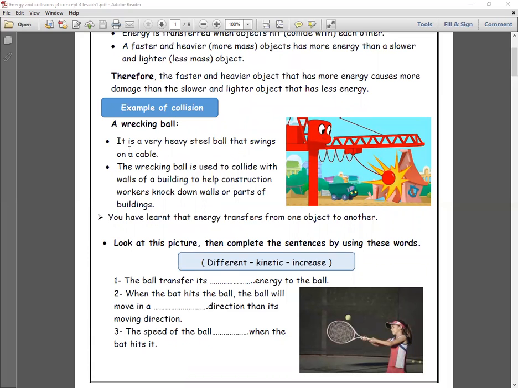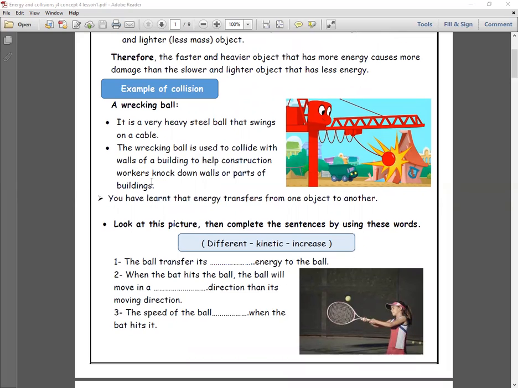Now we have some examples about the collision between any two objects to understand how the effect can change from one object to another. Let's start with the first example, which is the wrecking ball. A wrecking ball is something like what you can see in front of you.